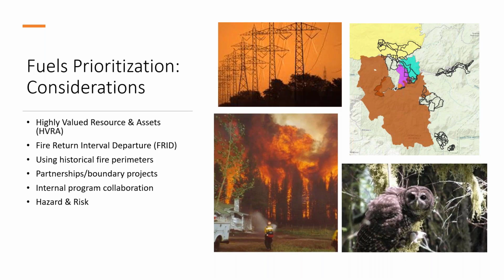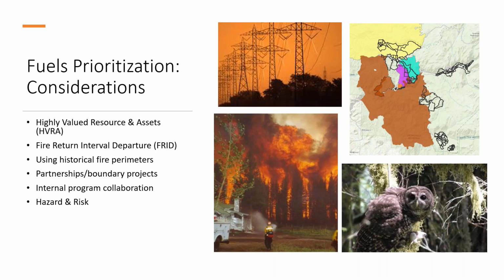And some of these include, but are not limited to, highly valued resources and assets. You may not have referred to them specifically as HVRAs, but this includes things like natural and cultural resources, wildlife habitat, water quality, vegetation, timber, and assets, WUI, communities at risk, rec sites, other man-made structures, which is something that is considered in fuels treatment prioritization.